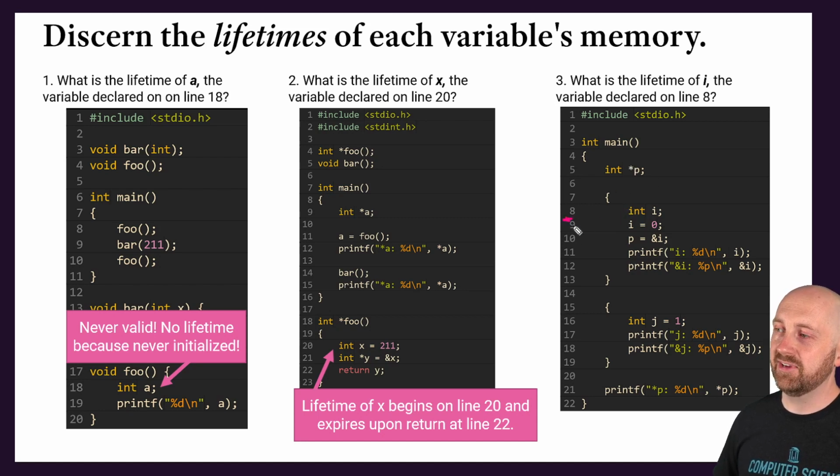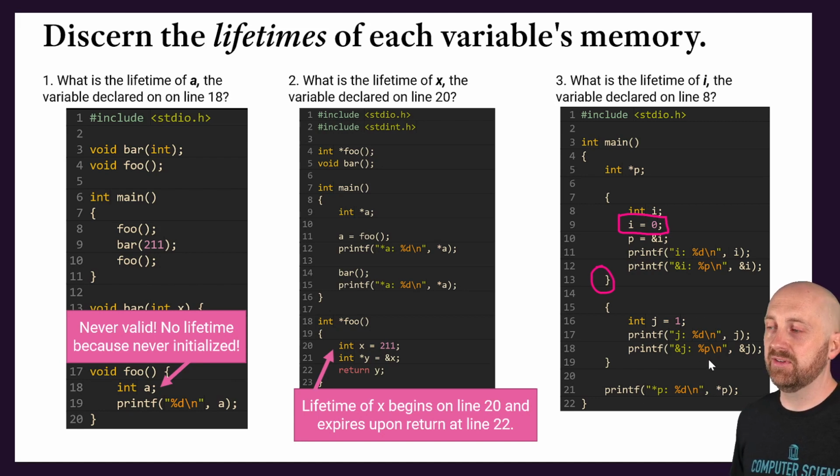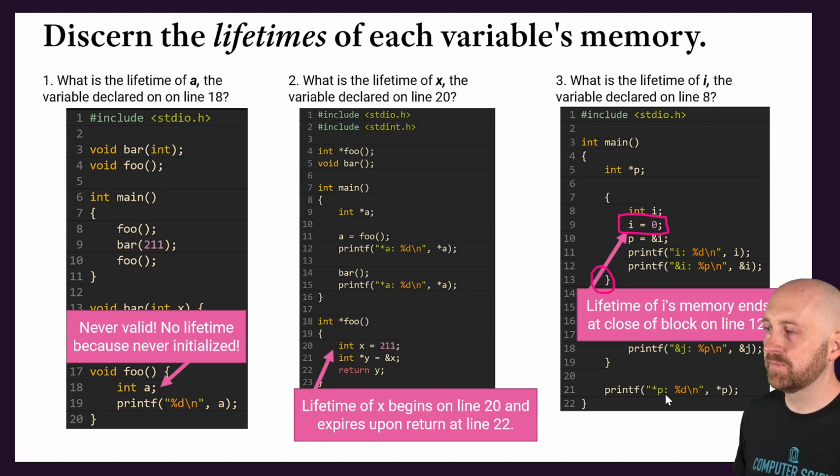A lifetime begins when it's valid to access a particular memory address, and I's memory became valid at line 9, and then it expired at line 13. So we wound up referring to the same memory address later on in a way that was invalid.